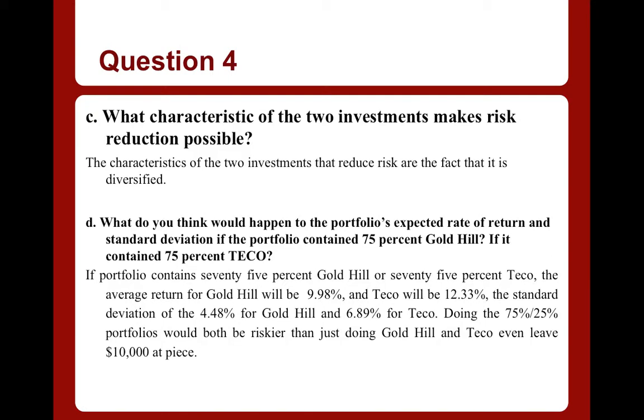The standard deviation is 4.48% for Gold Hill and 6.89% for TICO. Doing the 75% or 25% portfolios would both be riskier than just doing Gold Hill and TICO.